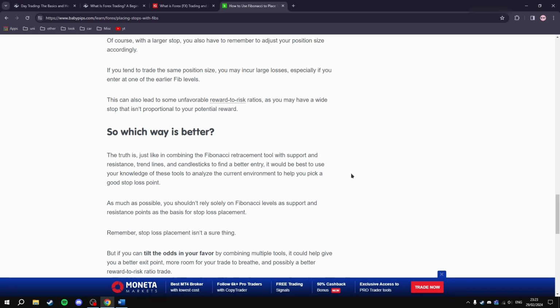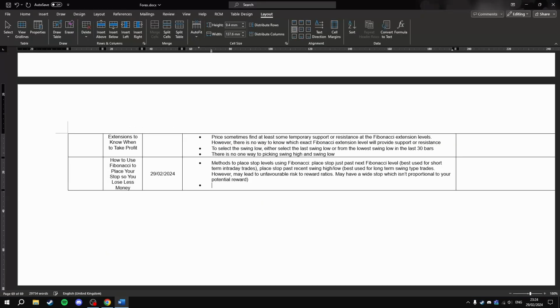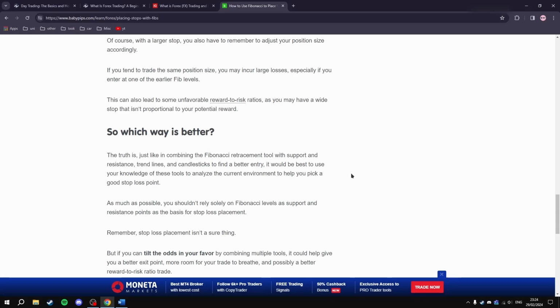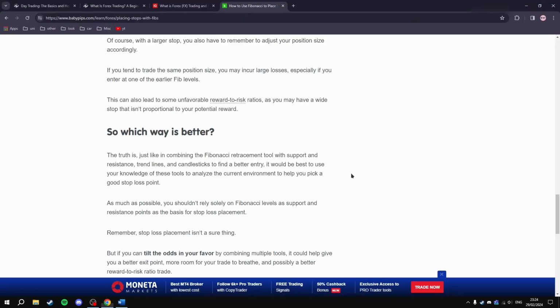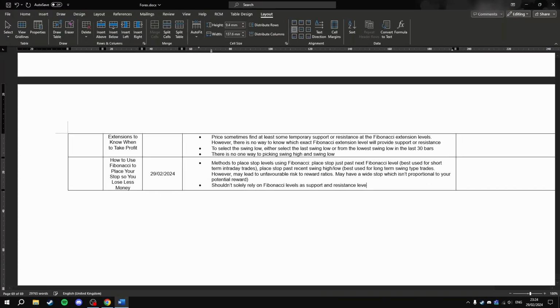As much as possible, you shouldn't rely solely on Fibonacci levels as support and resistance levels as a basis for stop loss placement.